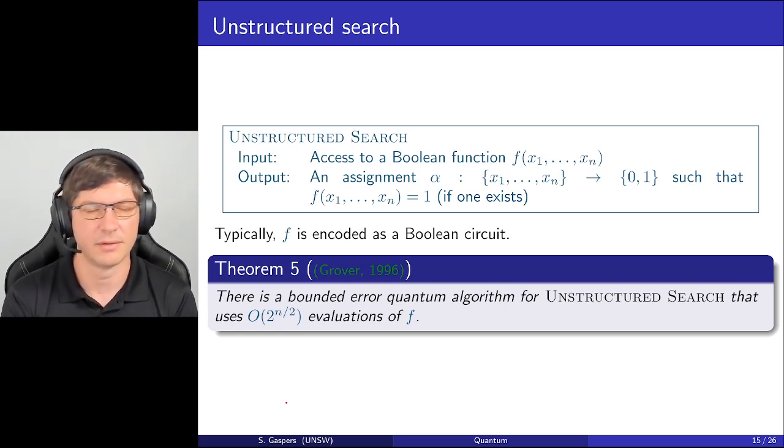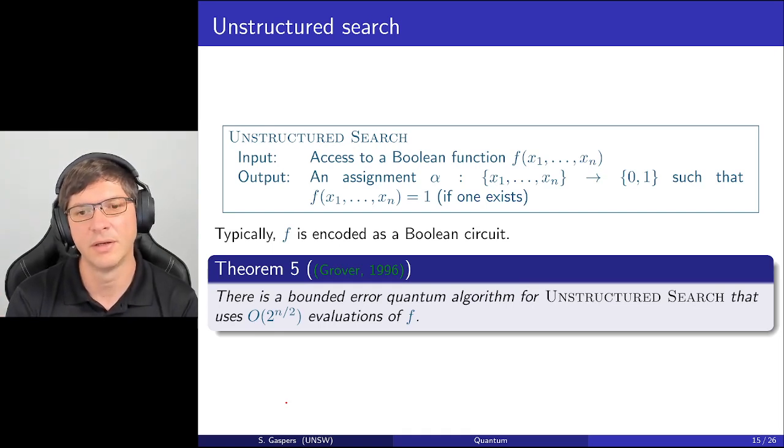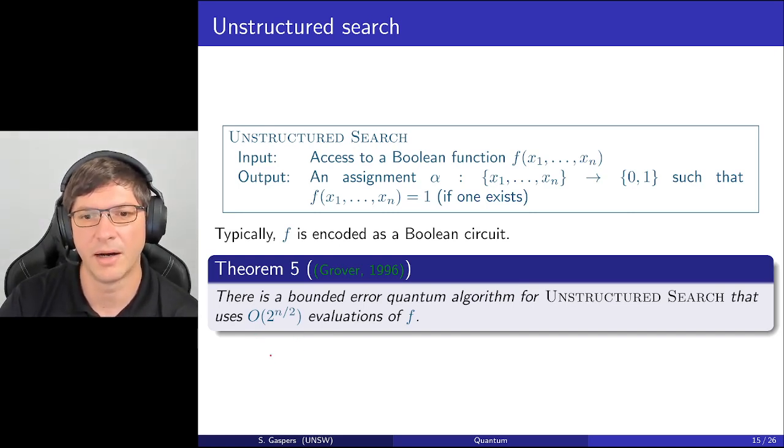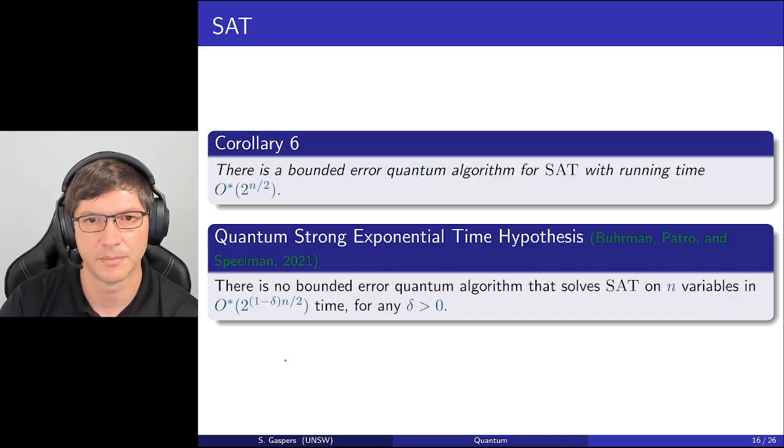For our NP-complete problems, if we're given a candidate certificate, we can always check whether it's valid in polynomial time. That's why this is quite surprising, because now we can cut down the running time of SAT to order 2 to the power n half if we have a quantum computer.